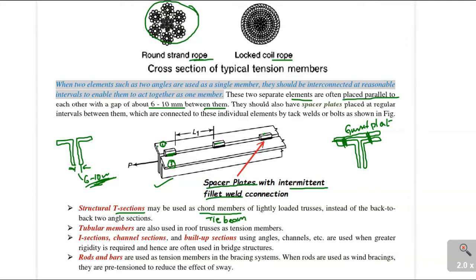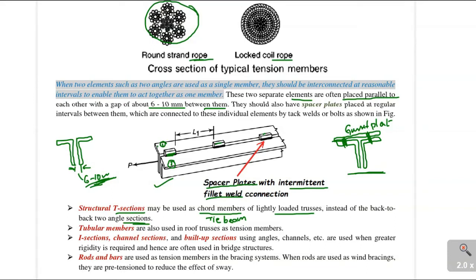And this tie beam is of T section in lightly loaded trusses. Of course, instead of a T section, you can use two back to back connected angle sections also, right? Two back to back joined angle sections behave as a T section.